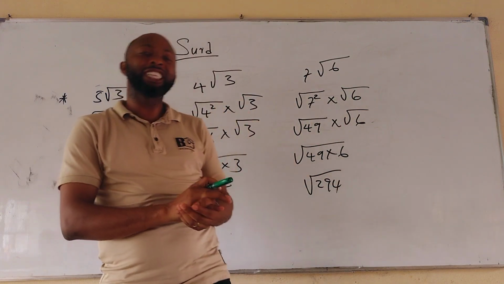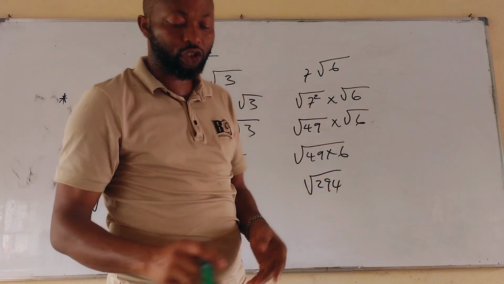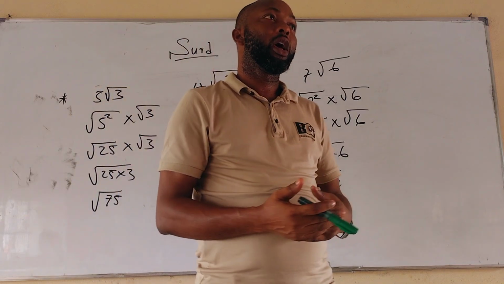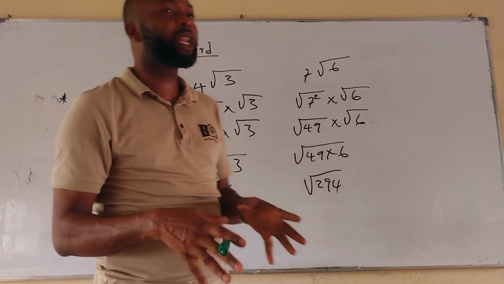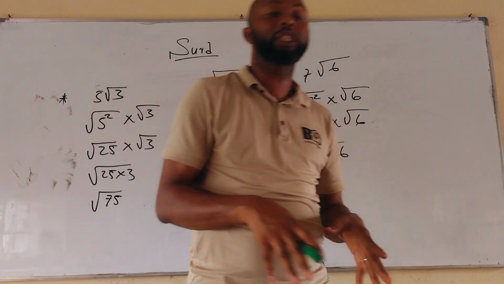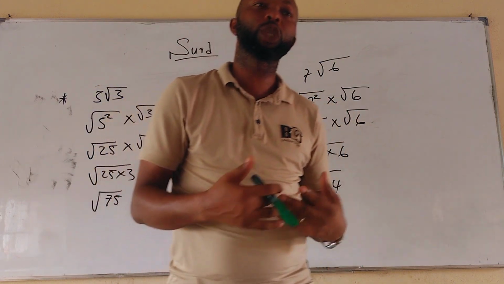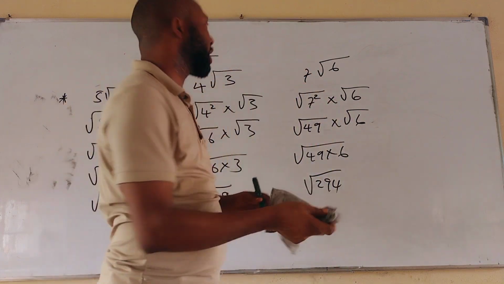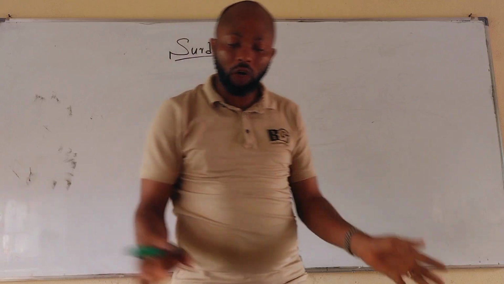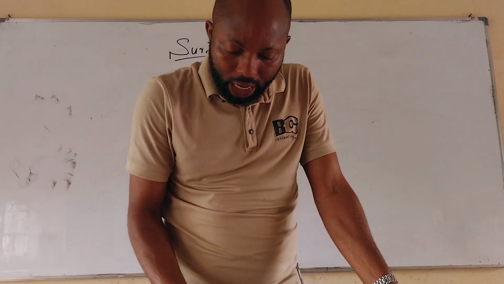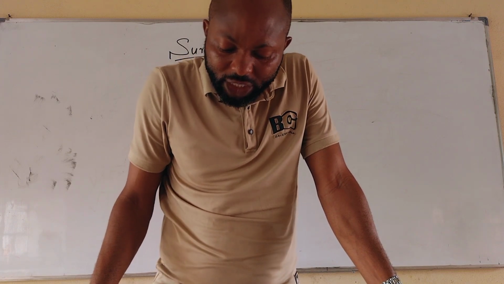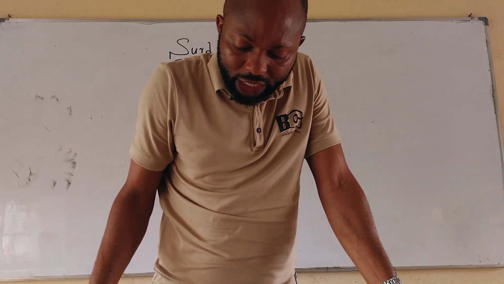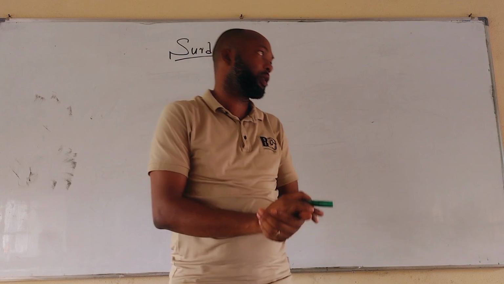So let's look at addition and subtraction of surds. In addition and subtraction of surds, remember very well, we talked about similar surds and surds that are not similar. It is that principle which we are going to use to deal with addition and subtraction of surds. Only surds in the same basic form can be either added or subtracted. Sometimes there may be a need to simplify such surds before doing either the addition or the subtraction.